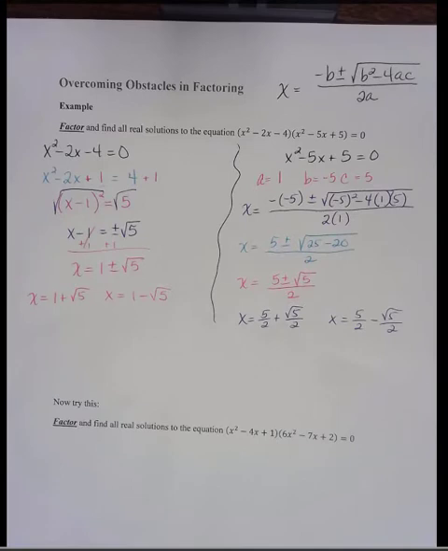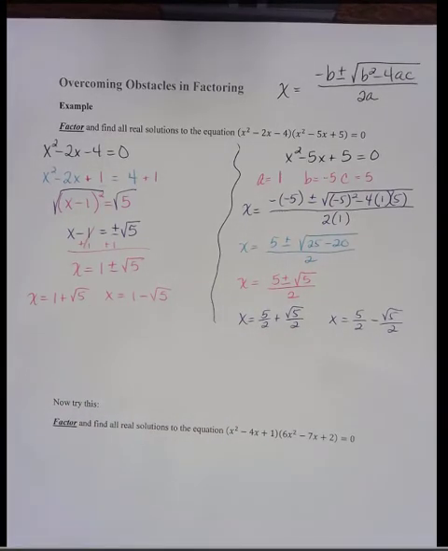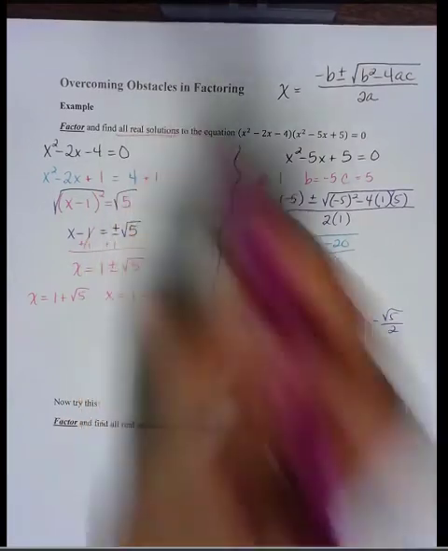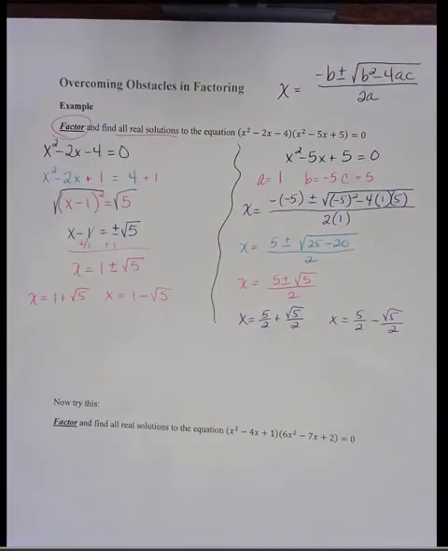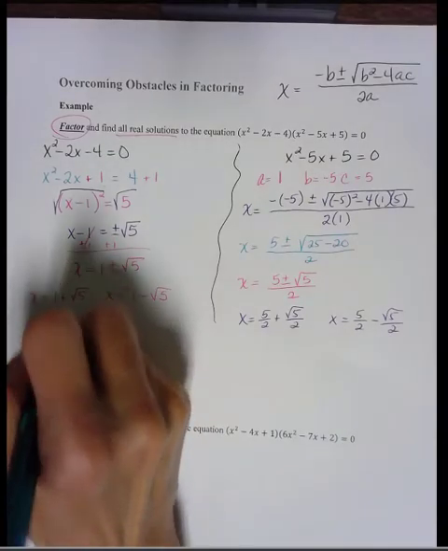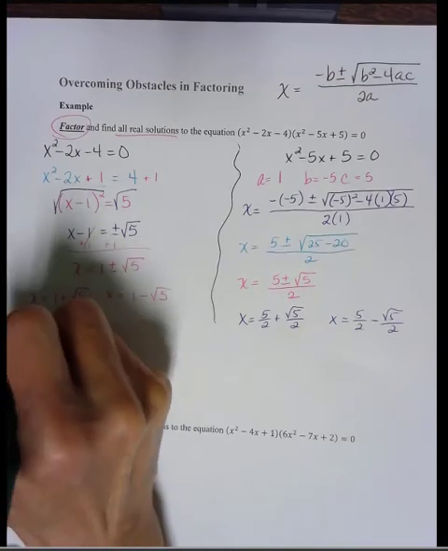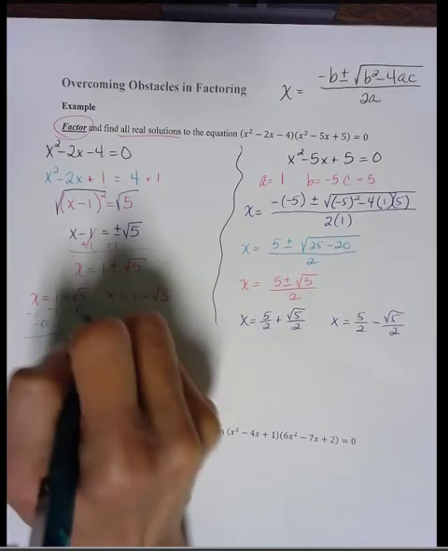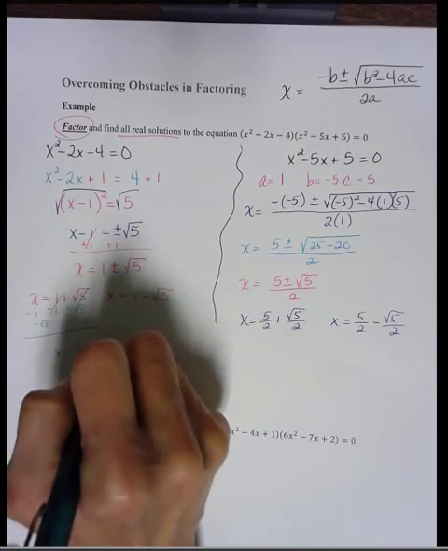So now technically we have the solutions, which is good because it did ask us to find all real solutions. Okay, and then we're going to also have to express it in factored form. Okay, so we're going to take what we have here and we're going to work backwards from that. So I'm going to say that minus 1 minus radical 5, and so what I have is x minus 1 minus radical 5.